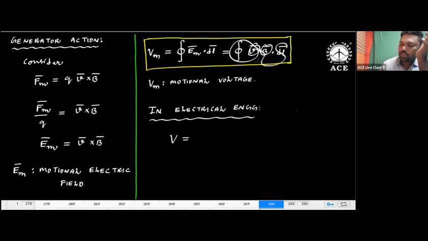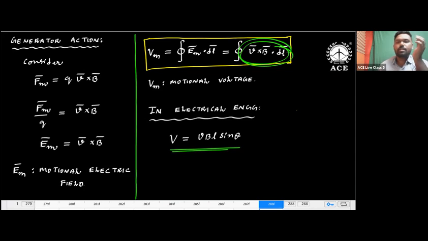This line integral will be represented with the L, and the cross product I will represent with the sin theta. So this very famous VBL sin theta formula has come from there. So this is the more precise vector way of representation, but what is used in your generators, VBL sin theta, has come from here. Units are volts.